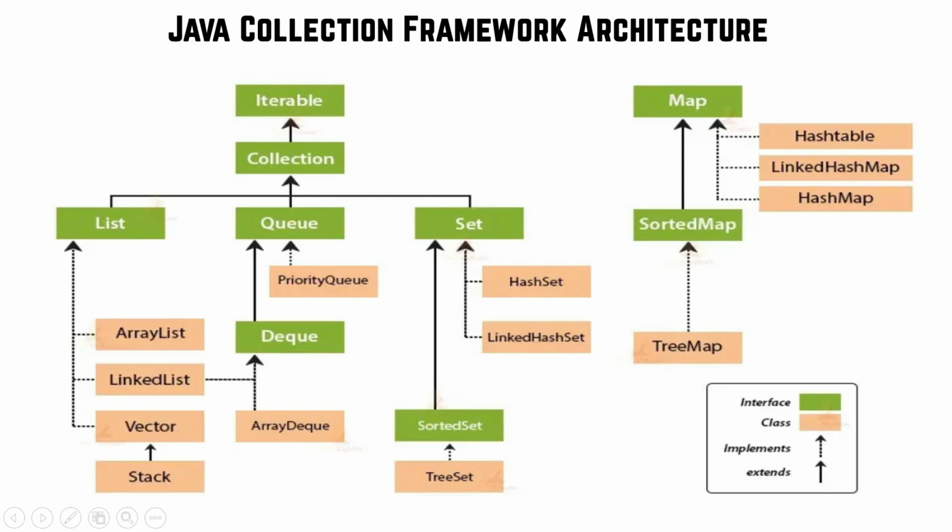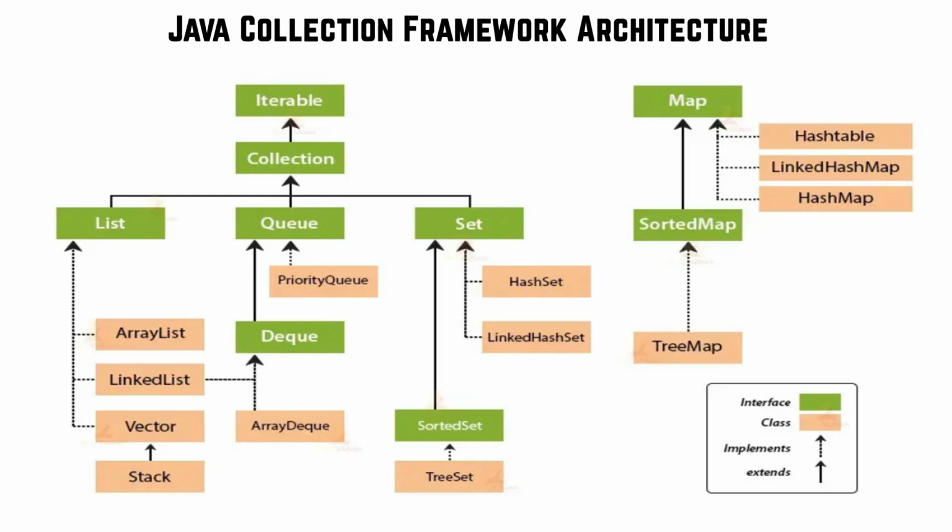Now I'll go to the Map in a similar way. HashMap will only allow you to add key-value pair combinations. Key will be unique, value can be duplicate, but it will not return any order. It is an unordered map. Whereas LinkedHashMap will again be key-value pairs, your key will be unique, and it will be ordered the same way you are adding the details to the map.